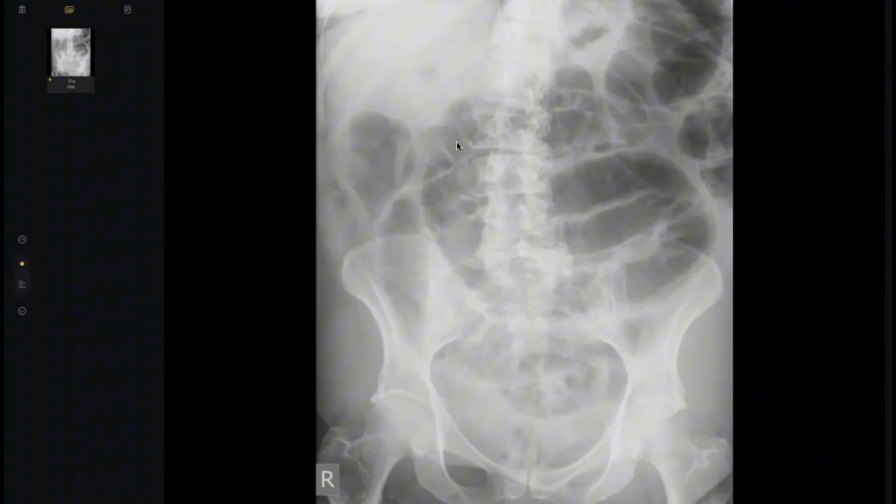I also see some air which is seen lining the wall. I can appreciate the wall of the small bowel, somewhat Rigler sign. Apart from this, there are some degenerative changes in the spine, sir.